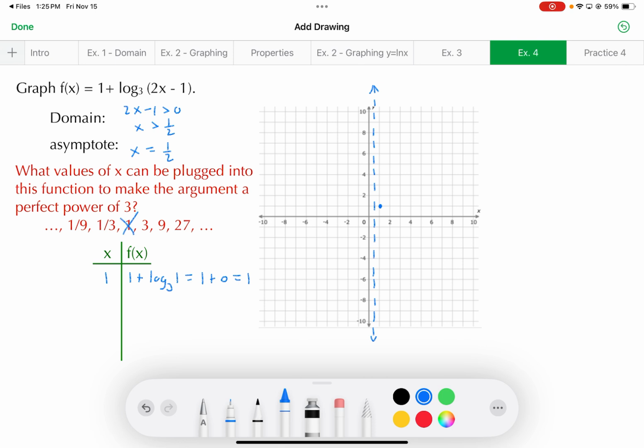Next one is a 3. 2 times what number minus 1 will produce a 3? 2. So this gives me 1 plus log base 3 of 3. What's log base 3 of 3? 1. 3 to the first power is 3, right? And then 1 plus 1 gives me 2, so I've got a point at (2, 2).